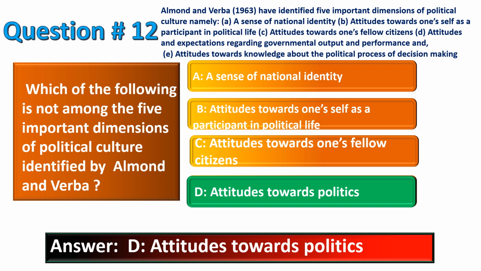You must know about all the dimensions: attitude towards oneself as a participant in political life, attitude towards one's fellow citizens, attitudes and expectations regarding governmental output and performance, and attitudes towards knowledge about the political process of decision making.